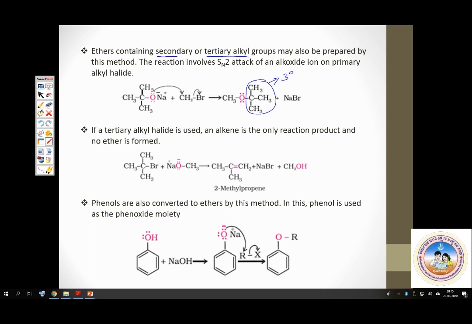You have to be very careful. You need to select a primary alkyl halide and involve it in a reaction with another alkoxide. The tertiary or the secondary group should become the alkoxide. The bulky alkyl group, the bigger alkyl group, should be the alkoxide.